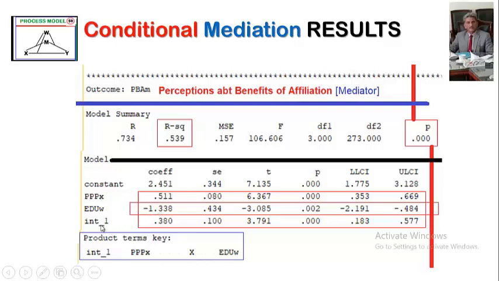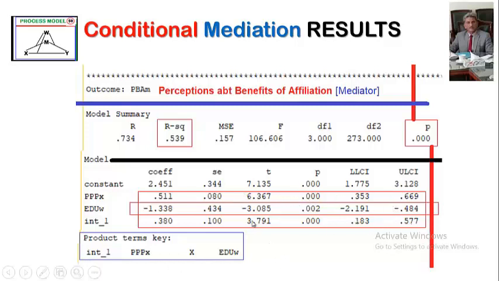However, it is significant. The third variable, the interaction term, is also significant with coefficient value of 0.380, t-score of 3.79, greater than 1.96, p-value also less than 0.05, and the upper and lower limits of confidence interval of this variable are on the positive side, so no chance of zero in the range.